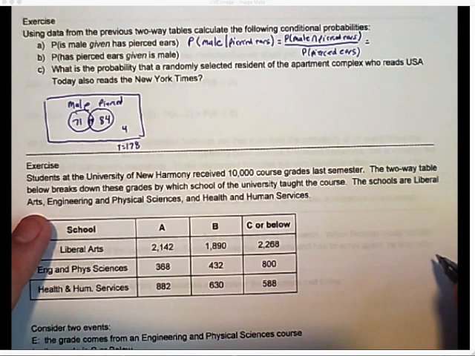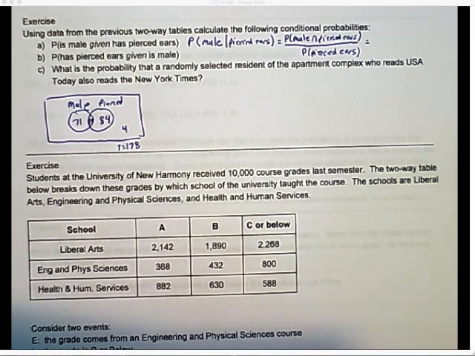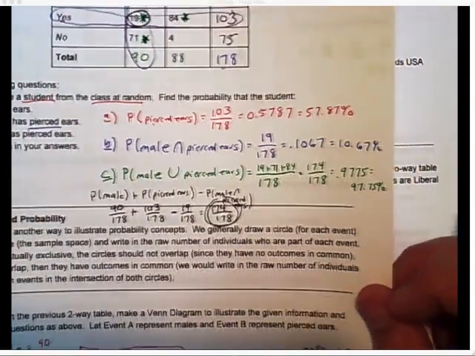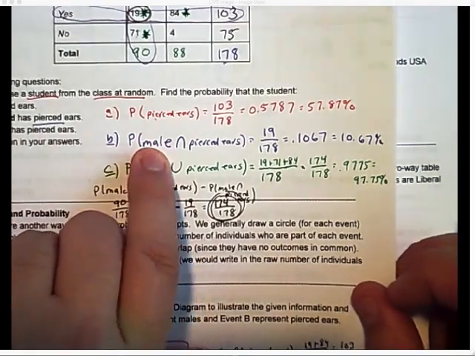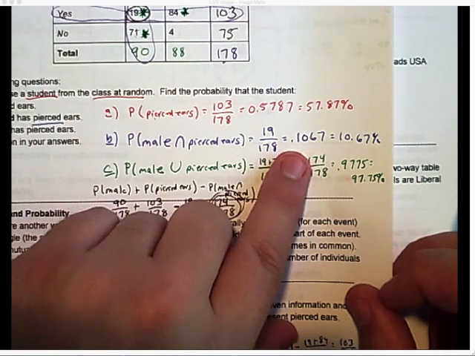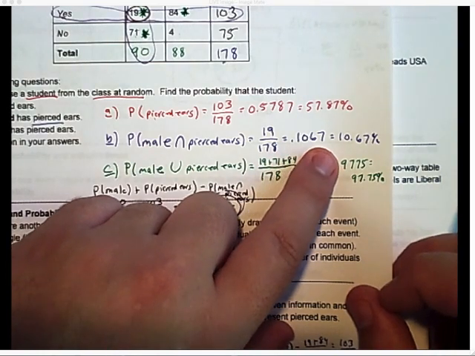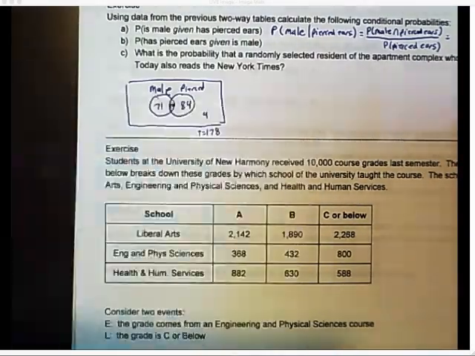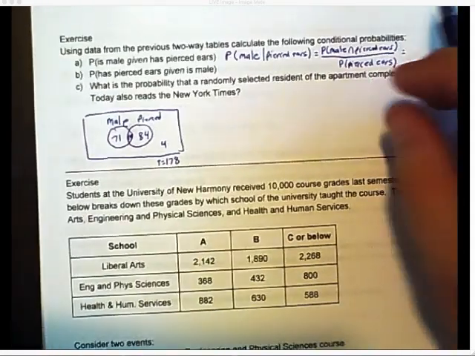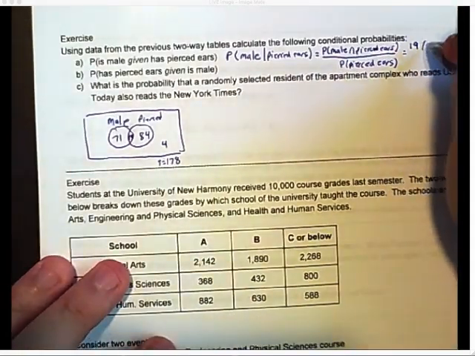Or we can actually use the decimals that we found up on this page. If I use the decimal version, male and pierced ears, we got 0.1067. Actually, let's write it as the fraction. We got 19 over 178. So that probability is 19 over 178.